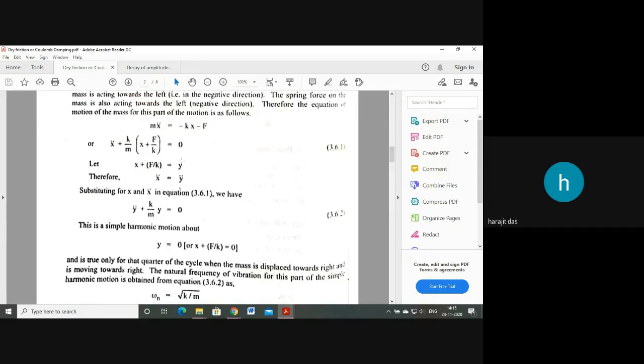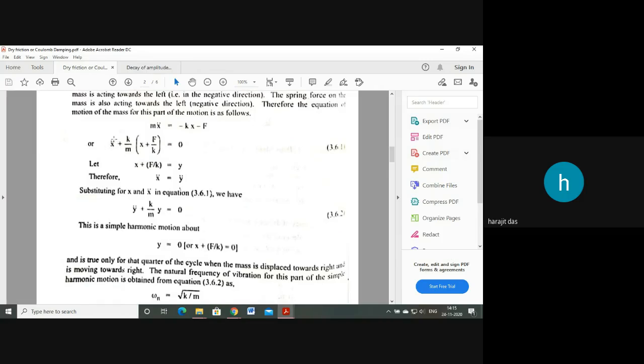So x double dot equals y double dot, meaning d square x by dt square equals d square y by dt square. Understood?